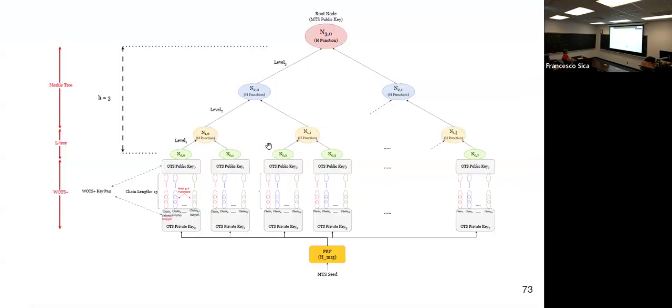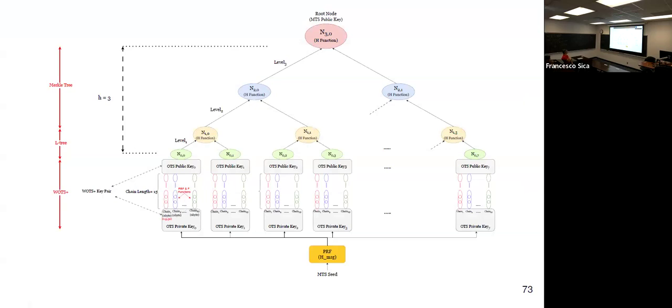In the signature of XMSS, in the signing process, we will sign the original message with the WOTS private key, not the XMSS private key.